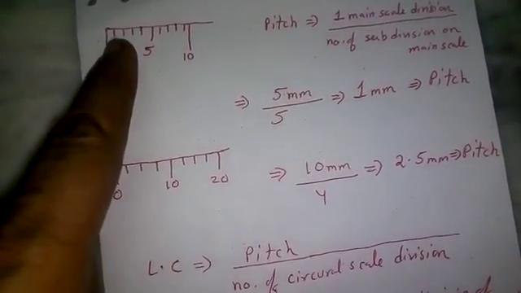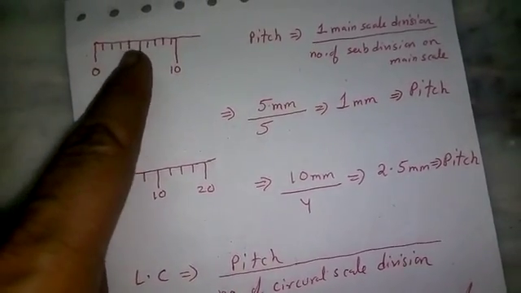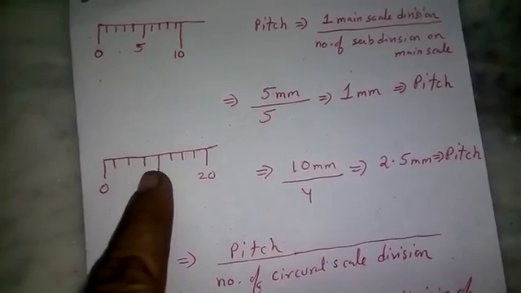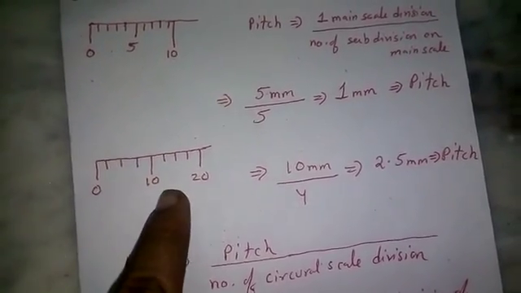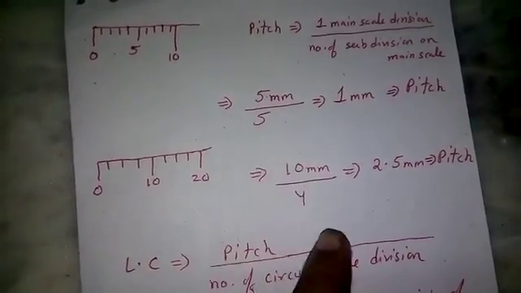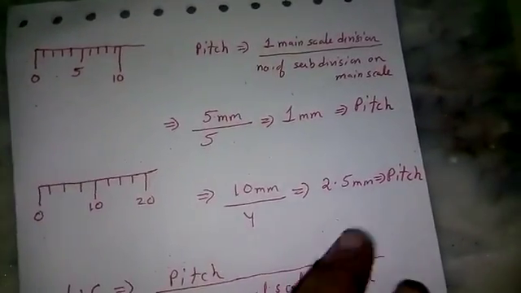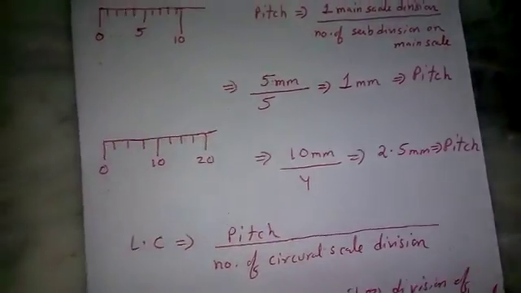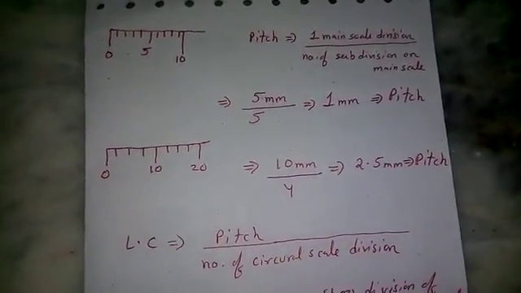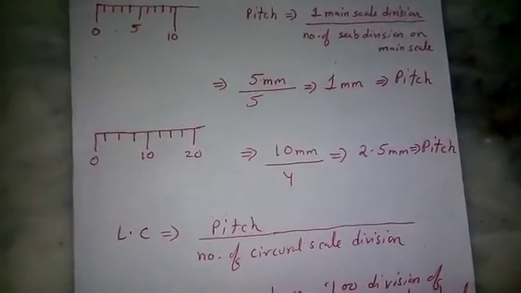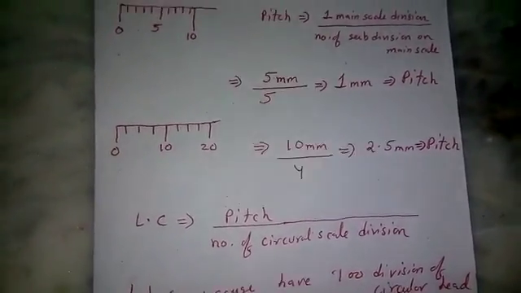Over here we see 4 lines, so how many divisions? 5 divisions. Over here we see 3 lines, so 4 divisions. So for 10 mm we have 4 divisions. Now 10 mm divided by 4 gives 2.5 mm. So the pitch of this screw gauge is 2.5 mm. It is not the case that the pitch is always 1 mm. Your pitch changes according to the configuration of your main scale.